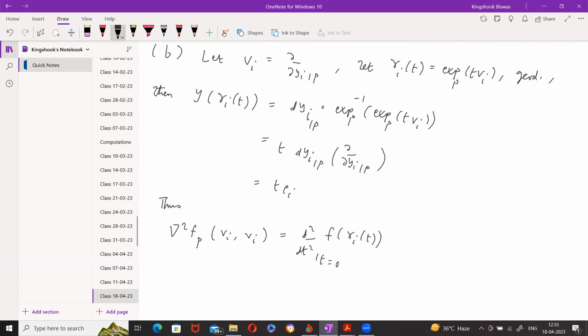And this is going to be del squared del yi squared of f at p, since gamma i maps to the straight line in the direction of e_i.